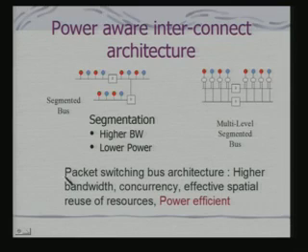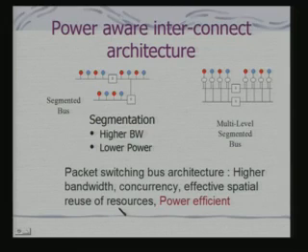The other thing, in fact in the last class also we discussed, the new trend in bus architecture is that of having a packet switching bus architecture. So, instead of having direct circuit switching, which typically happens in a bus, you have packet switching. Your packets are getting routed from one point to another point.